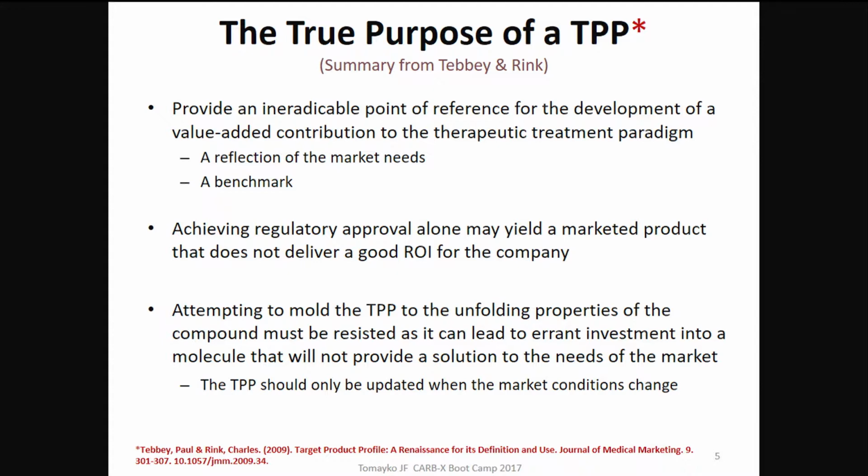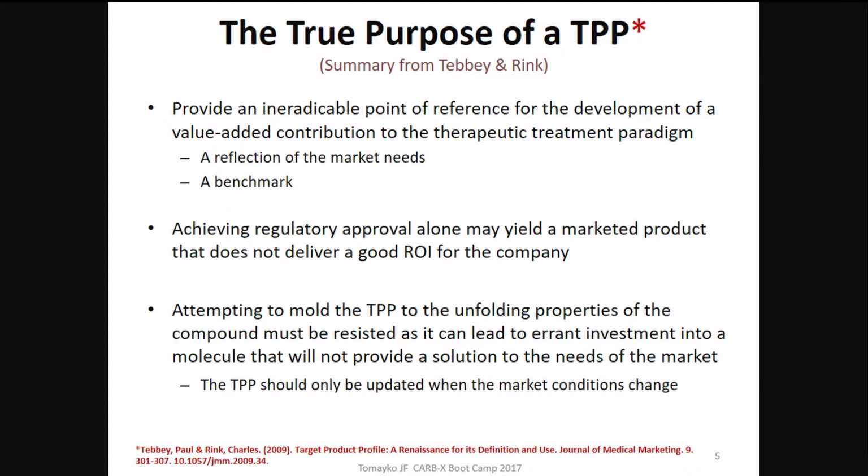There were a couple other points that they made in this introductory part of the paper, and one I think is important, that, you know, as a drug developer, my common thinking is the goal is to get the drug approved. But achieving regulatory approval alone may yield a marketed product, but it may not deliver a return on investment.